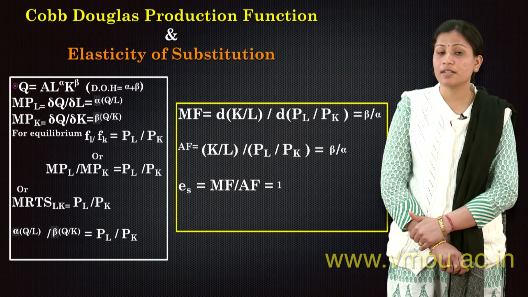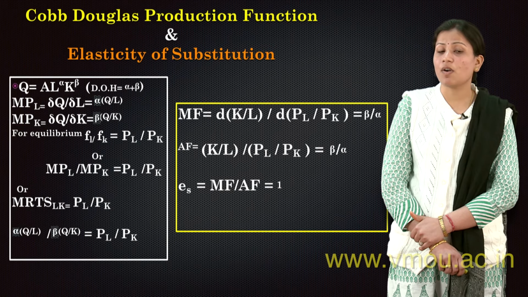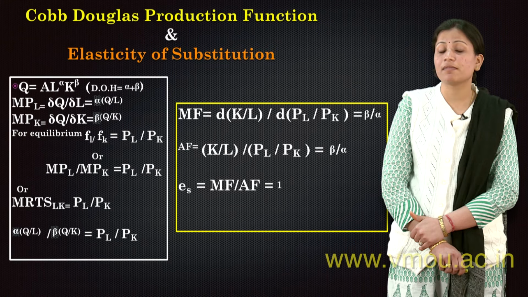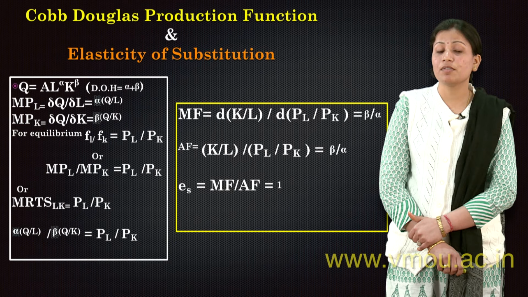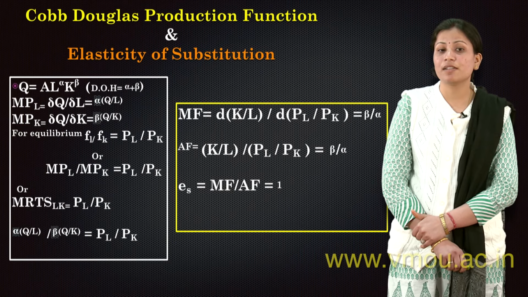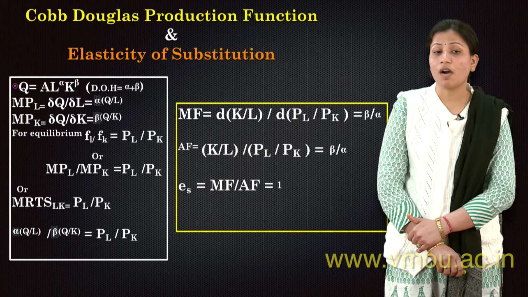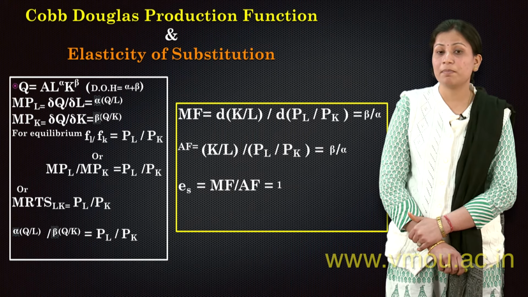You will calculate the marginal productivity of labor, then similarly the marginal productivity of capital. In equilibrium, we all know that FL divided by FK should be equal to PL divided by PK, and further if you simplify it, it will be equal to the marginal rate of technical substitution of labor for capital, which will be equal to PL by PK.